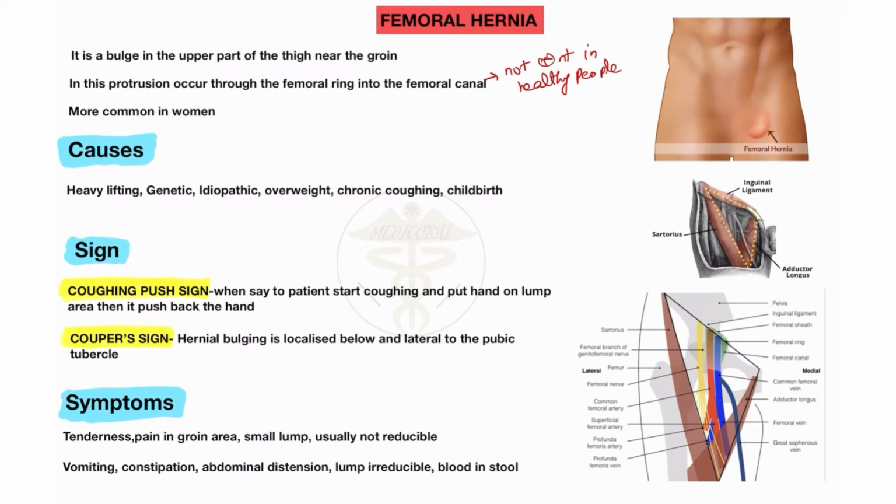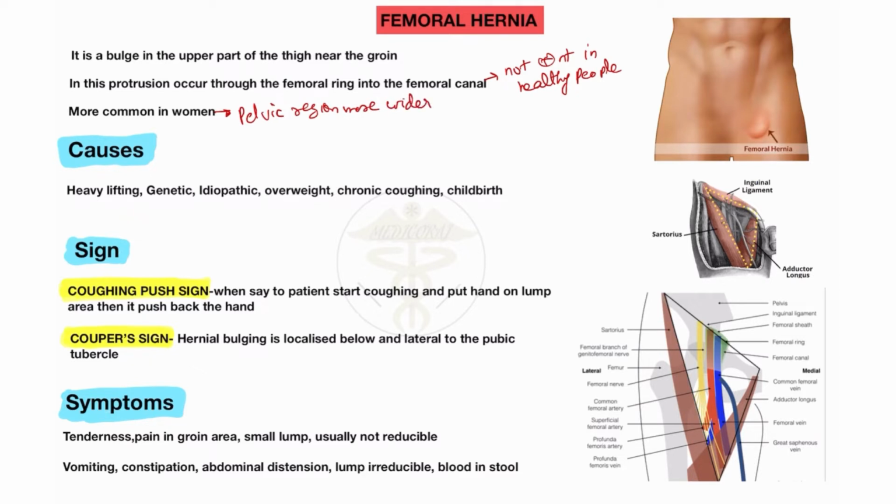After that, it is more common in women. Why is it more common in women? Mostly because, as you all know, the pelvic region is wider in females as compared to males.